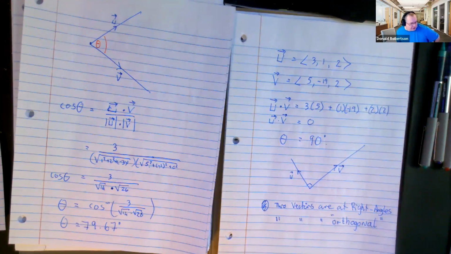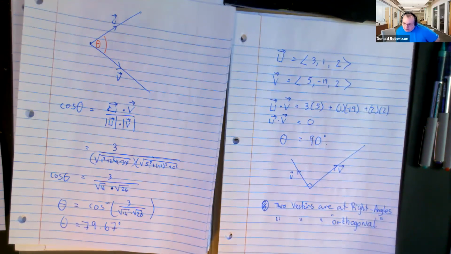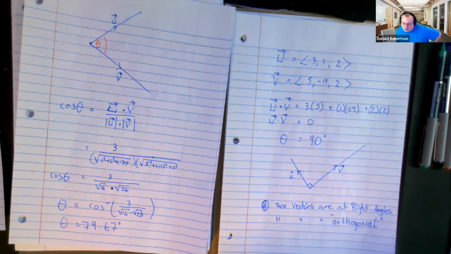I think we've reached a nice finishing point, haven't we? Yes, sir. And when you go and talk to your engineering professors, which professors have you done vectors with? Just curious. Dunkel. Okay. So when you talk to him, you will not say to him, well, I had a class with Mr. Robertson and he did vectors a weird way and he said that he was right and you were wrong.